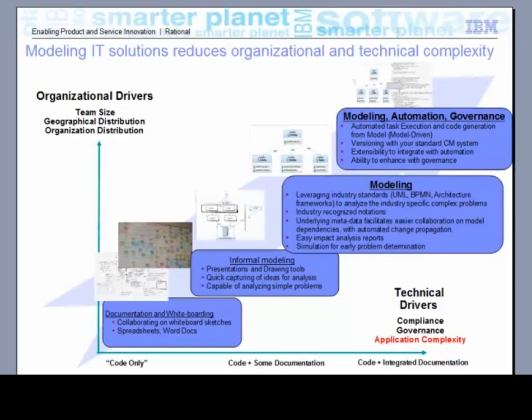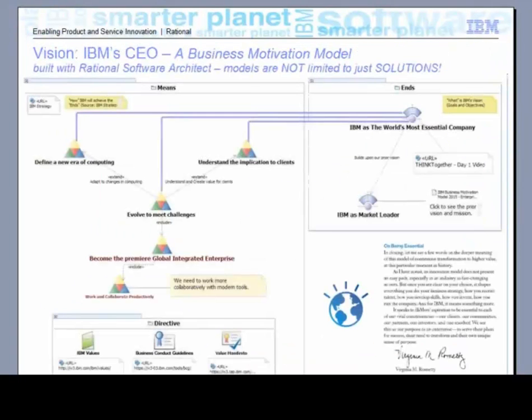By automation, it might be something like taking some of your scenario or sequence diagrams and driving that to test script automation. And then governance, being able to work amongst the team to control how those models are shared within an organization and approved at the various levels of agreement that are required in an organization to produce good results.